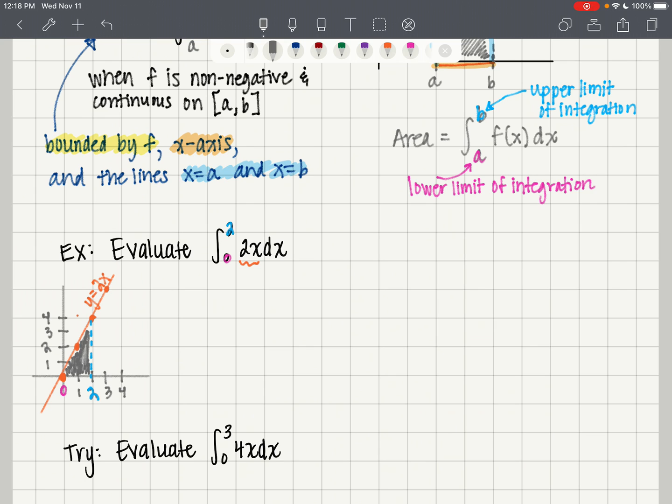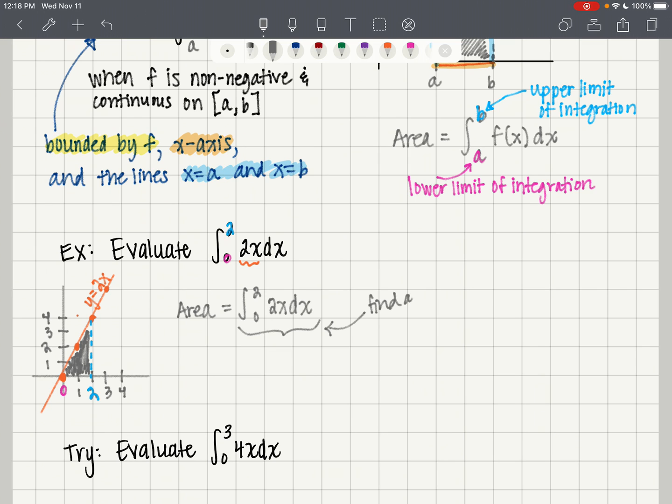And if we do this just using geometry, area, which is equal to the integral from 0 to 2 of 2x dx. This just means find the area under the curve.